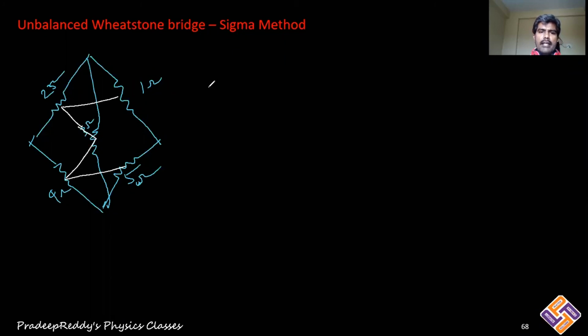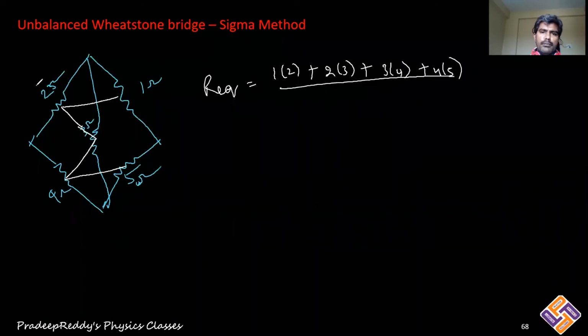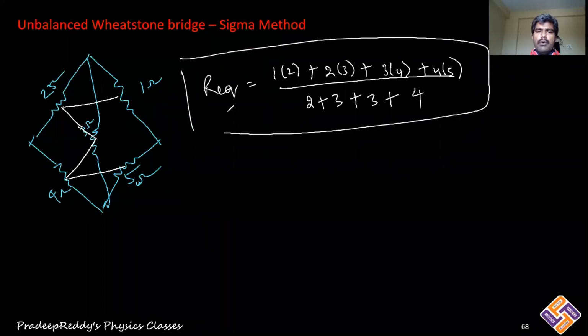So R equivalent will be equal to 1 into 2 plus 2 into 3 plus 3 into 4 plus 4 into 5, divided by, start from here, 2 plus 3 plus 3 plus 4. This gives you the final equivalent resistance.